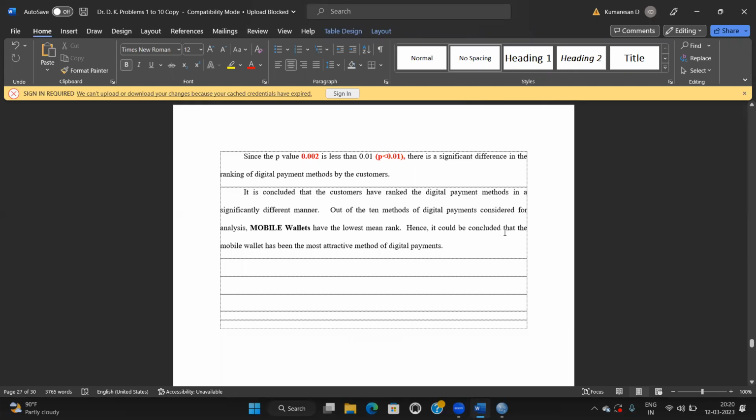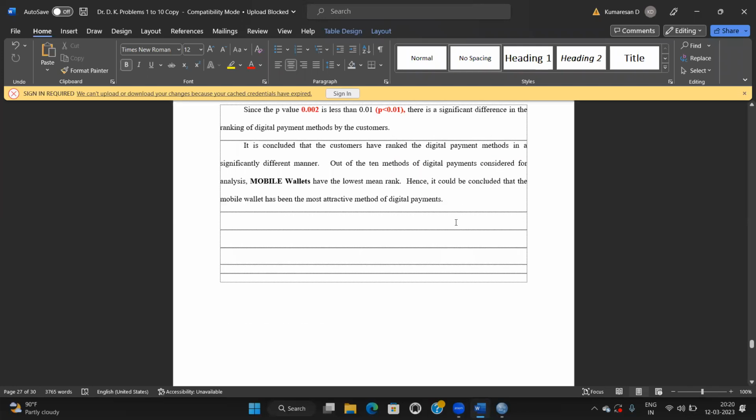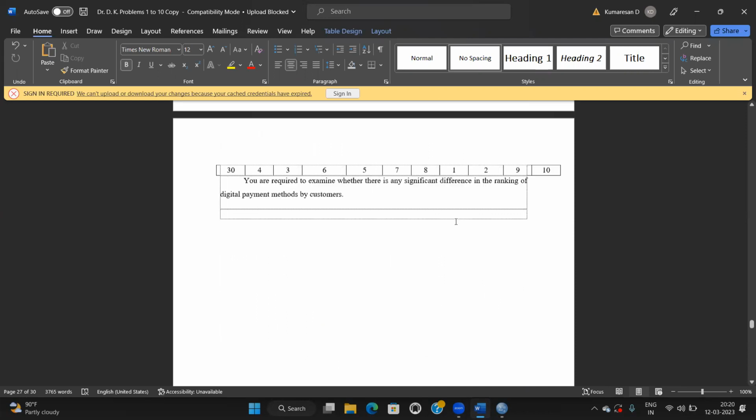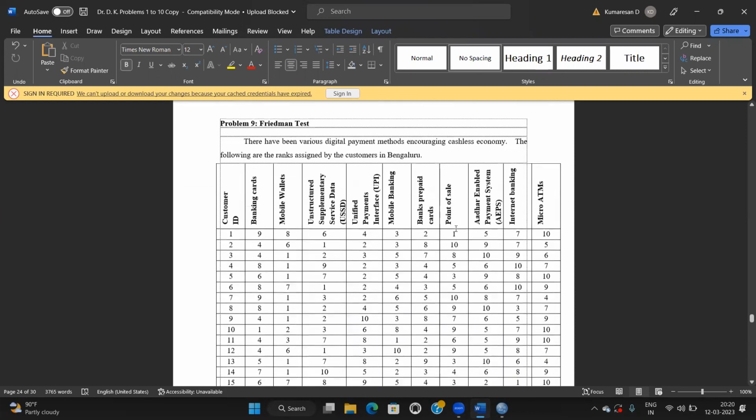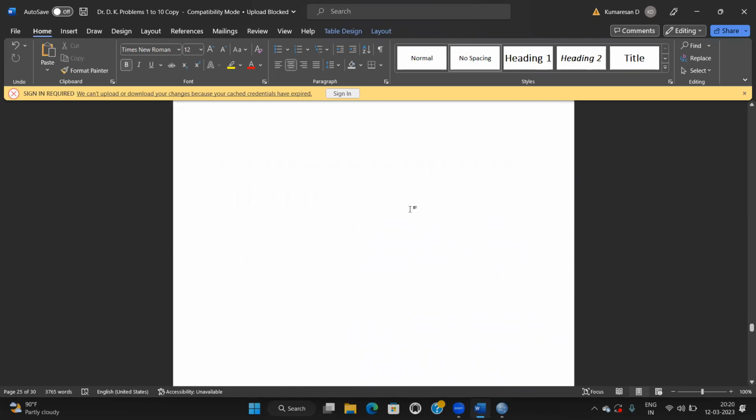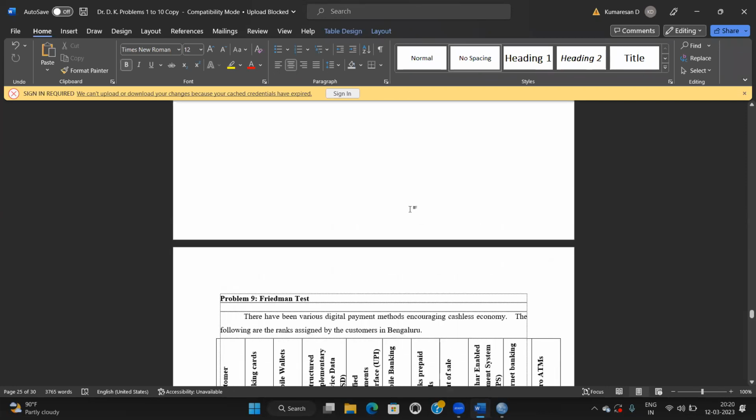So it's further concluded that mobile wallet has been the most preferred or most attractive method of digital payments. That's all. So this is what about the Friedman test.